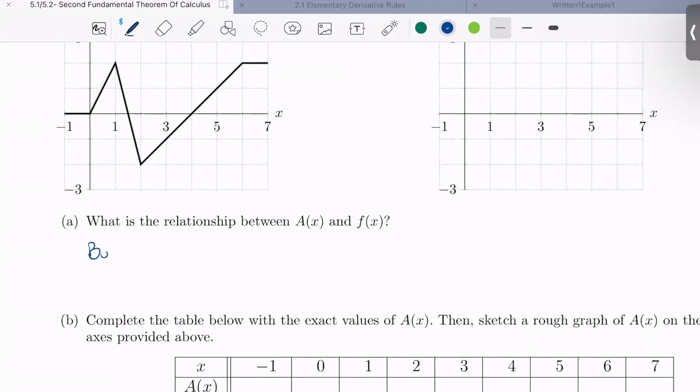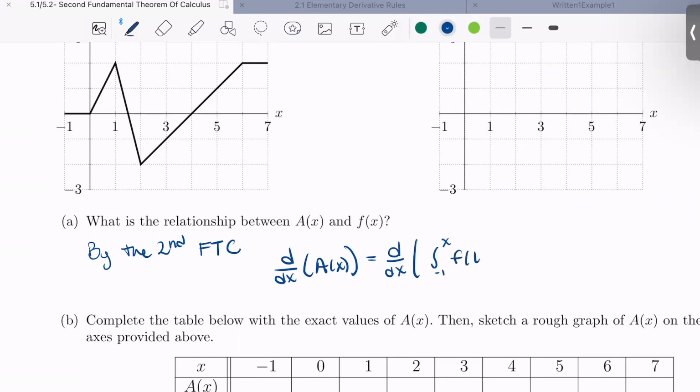By the second fundamental theorem of calculus, we know that the derivative of A of x, which is the derivative of the integral from -1 to x of f of t dt, is equal to f of x.